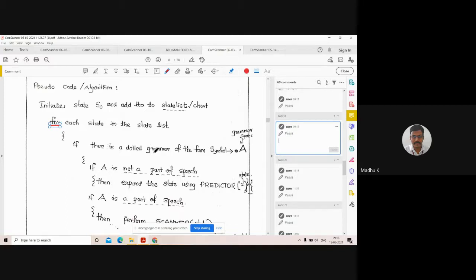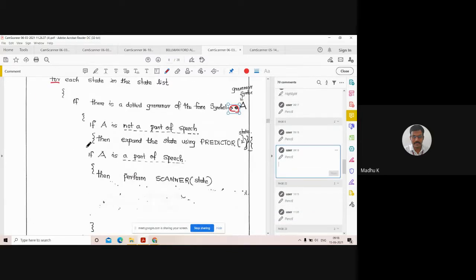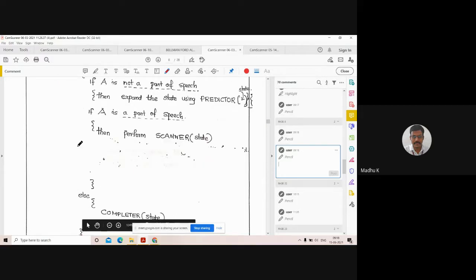If there is a dotted grammar rule of the form dot A, then we will do these things. If A is not a part of speech, then expand the state using the predictor. If A is a part of speech, then perform the scanner. Else, if both are not, then the completer.